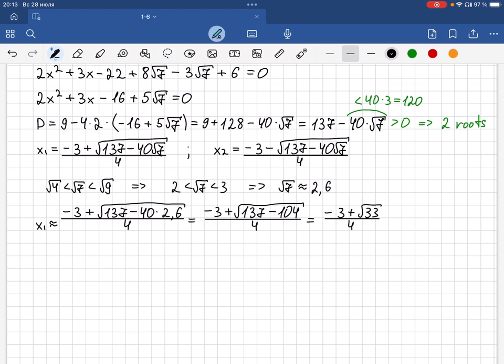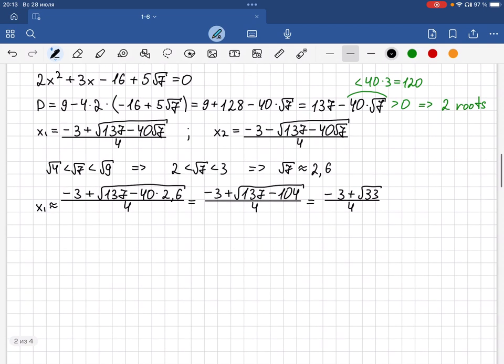Okay, now we have another problem, since we don't know the exact value of the square root of 33, but we also can approximate it. The square root of 33 is somewhere between the square root of 25 and the square root of 36. So the square root of 33 is between 5 and 6.